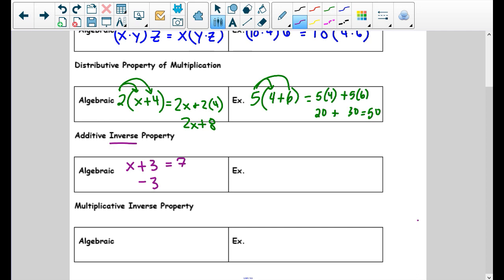The inverse of positive 3 is negative 3. So this is kind of when we use this property. Basically, if I have a number, plus 3 minus 3, it just leaves me with that value. So this is that additive inverse. Does that make sense? Gets rid of it.